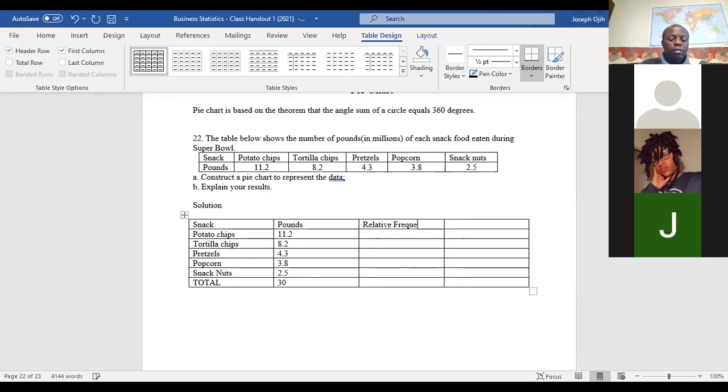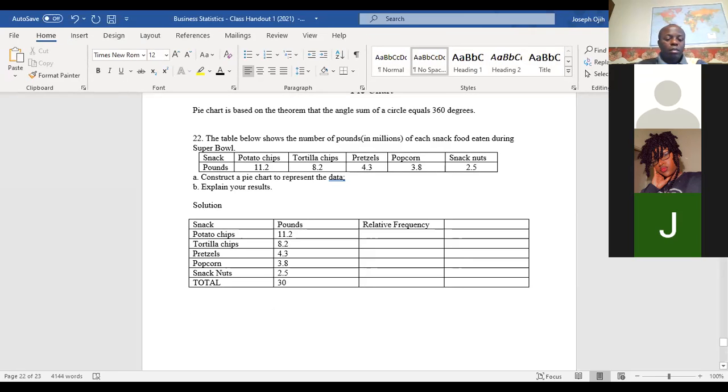Frequency. Now for relative frequency, as you already know, you divide each of these numbers by the total frequency. For example, for potato chips, the relative frequency is going to be 11.2 divided by 30.